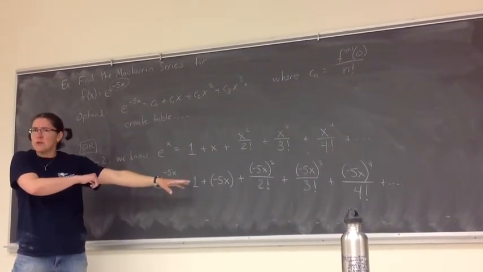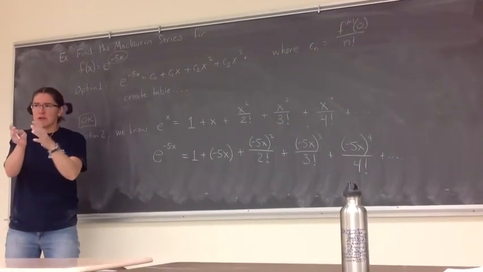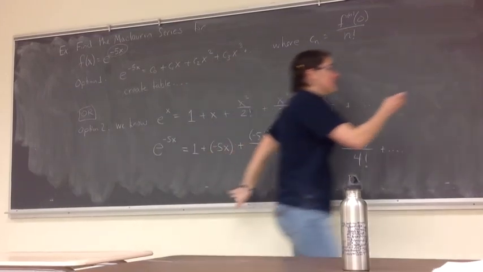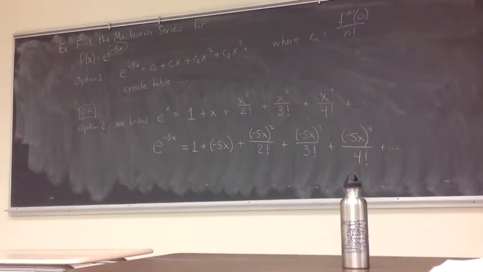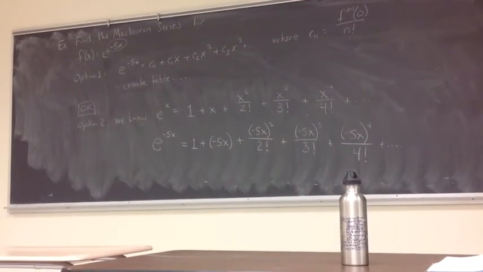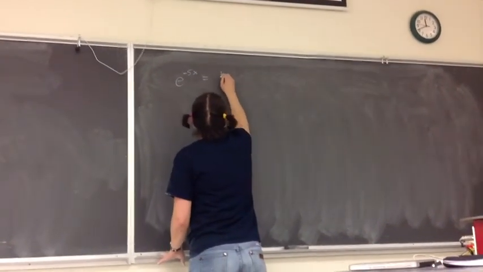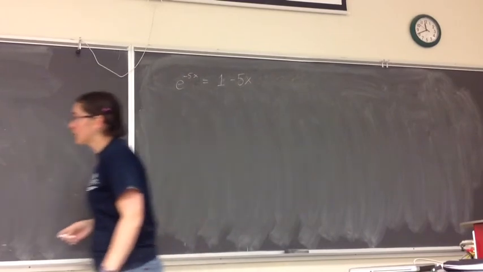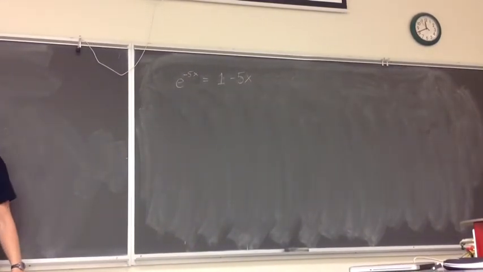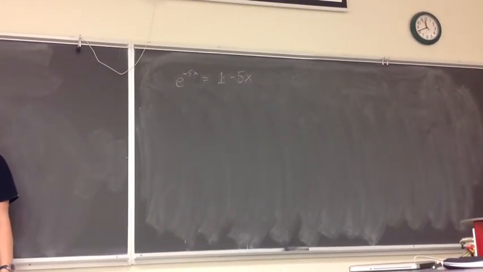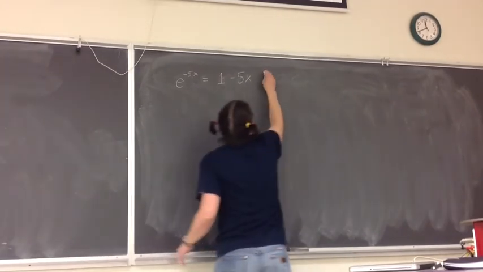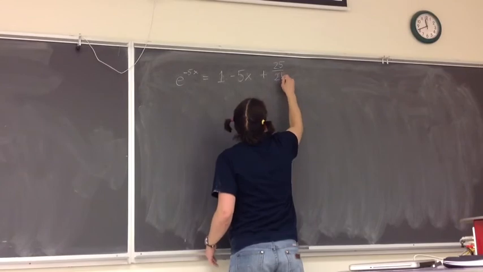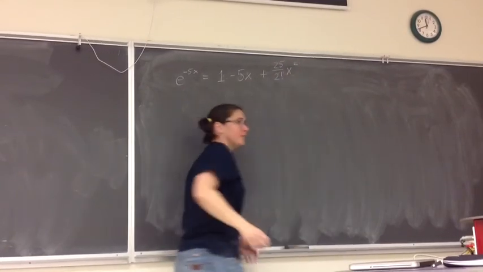I do need to tweak a few things and write it so I have a number times x raised to a power. So I can rewrite this as e to the minus 5x is equal to 1 minus 5x. And now when I square on the top here, it cancels my negatives, so I've got plus 25 over 2 factorial times x squared.